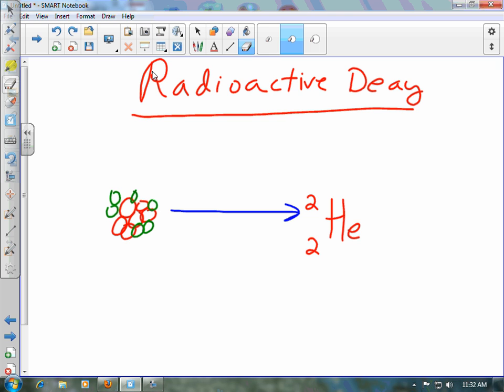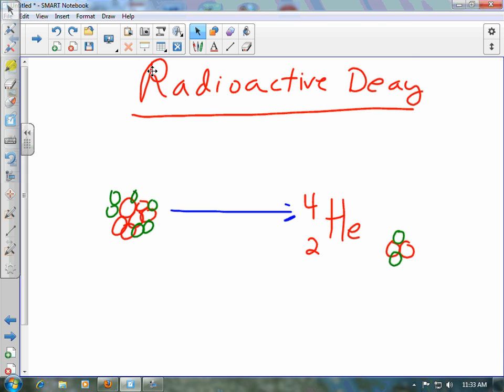So it emitted a particle that has two protons and two neutrons. And it emits it with some considerable energy.